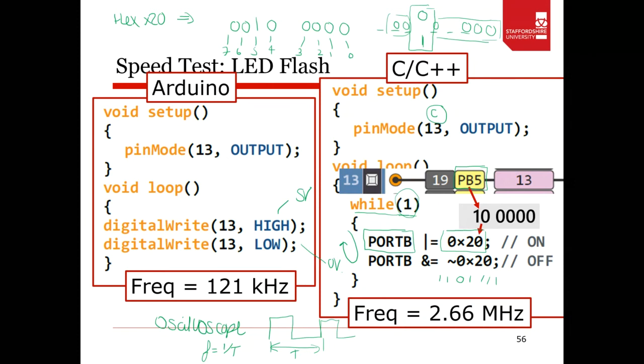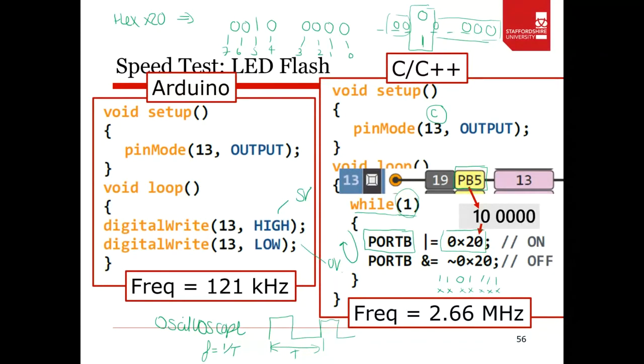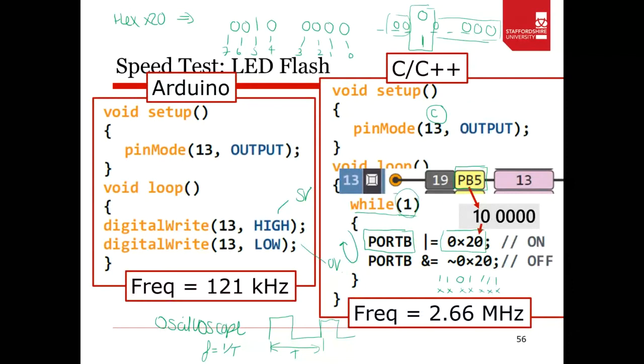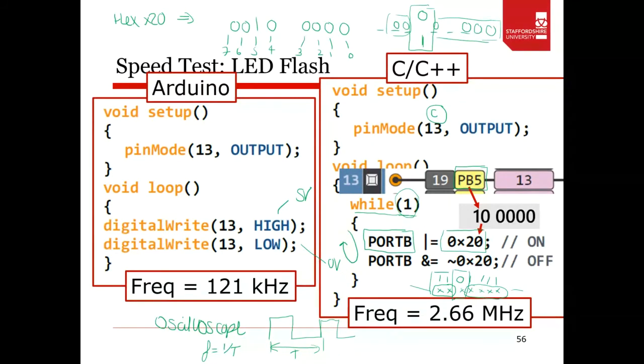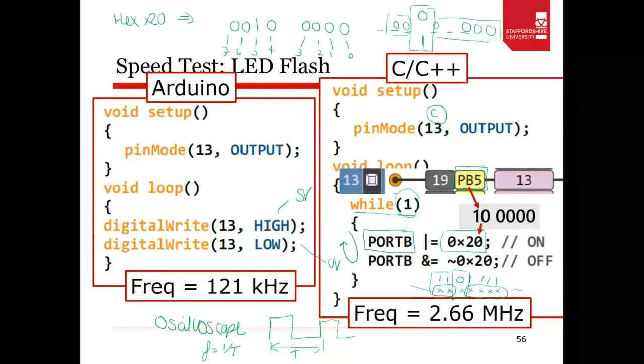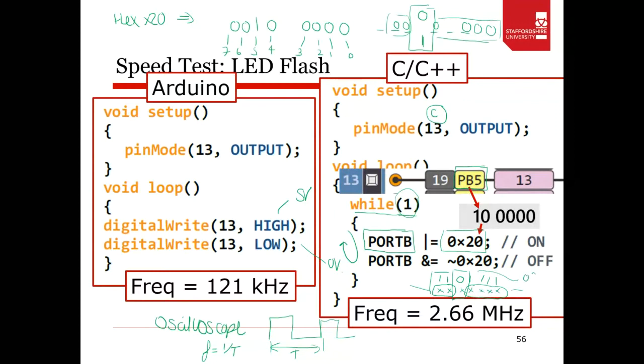If we're ANDing anything here, anything here, anything here, anything here, the point is in this case, we're only changing pin 13. Because we're ANDing it, whatever was in the others would stay the same. However, whatever is in pin 13, because it's the resultant of the AND, will always be 0. Pin 13 will always go off.